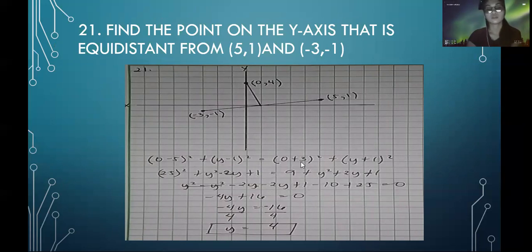equals to 0 plus 3 is equals to 3. So 3 square is equals to 9. Then expand y square plus 2y plus 1. So combine like terms. y square minus y square cancelled out.